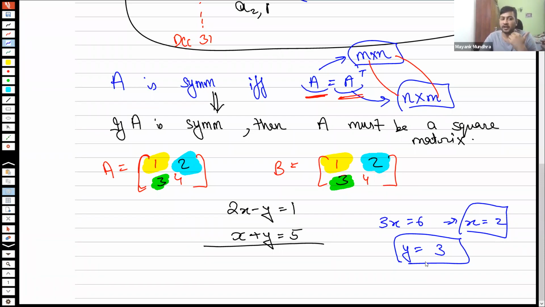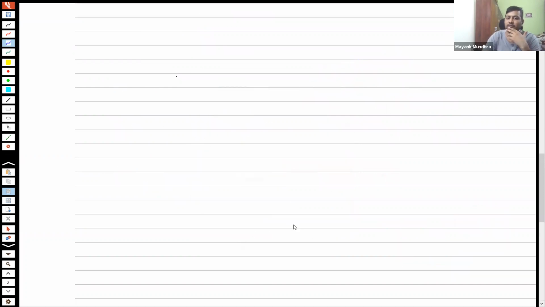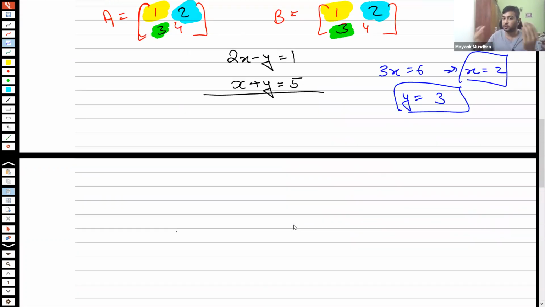Obviously, if I were to do x1 to x10, 10 equations in 10 variables, it would be difficult to handle. So we are going to look at the basics in two variables because it's easy to understand, but the basics which we learn in two variables can even be applicable in 10 variable cases.